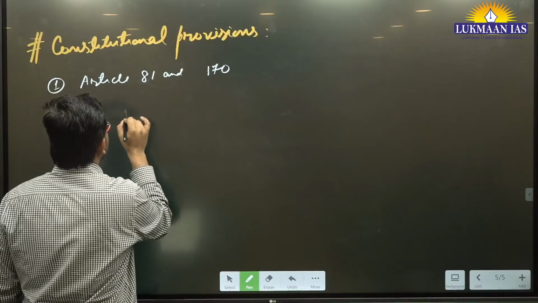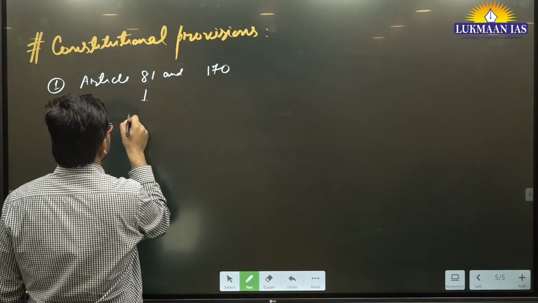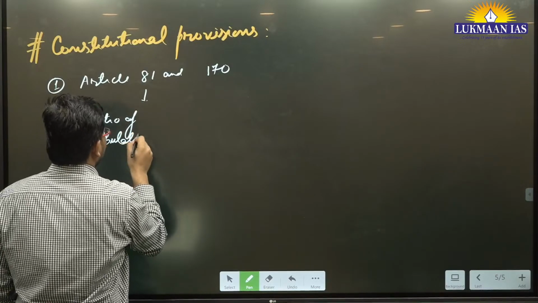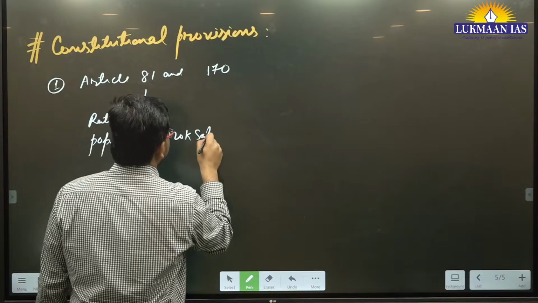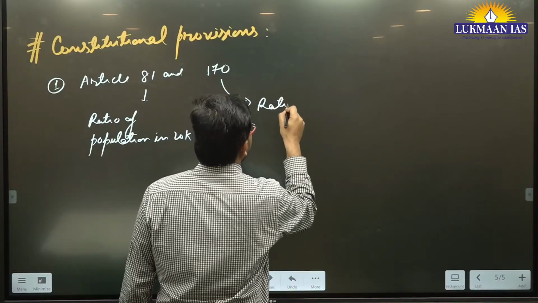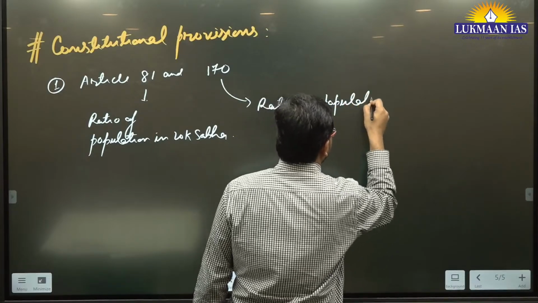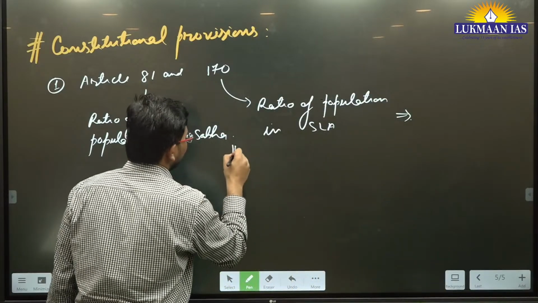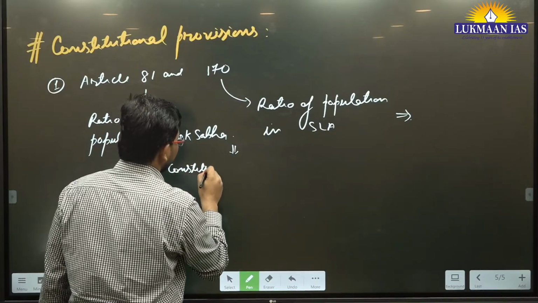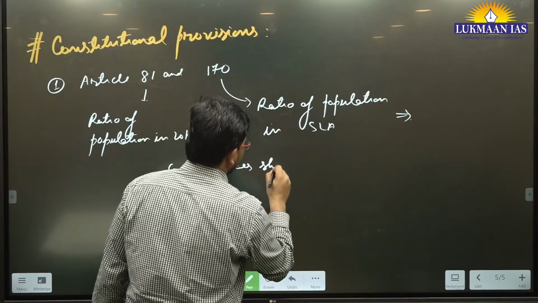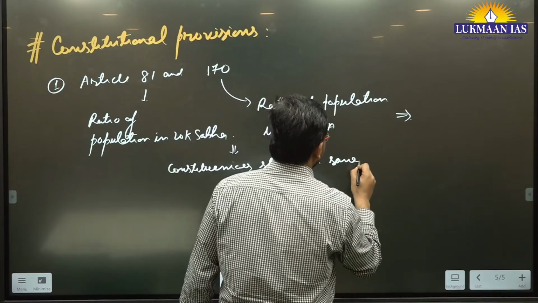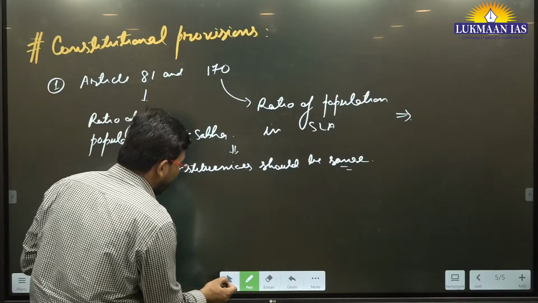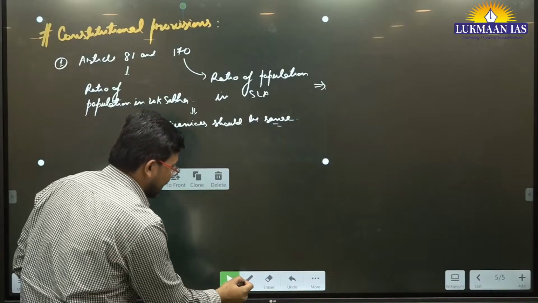The ratio of population in different constituencies should be the same. These two provisions in the Constitution of India speak against quantitative dilution or qualitative dilution.